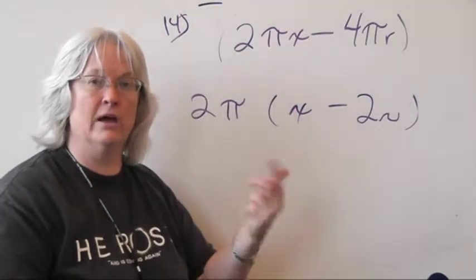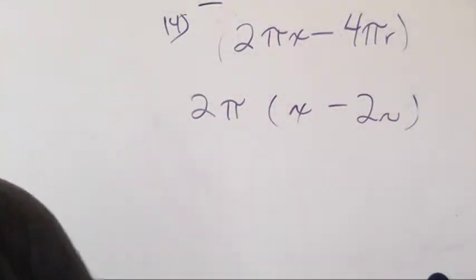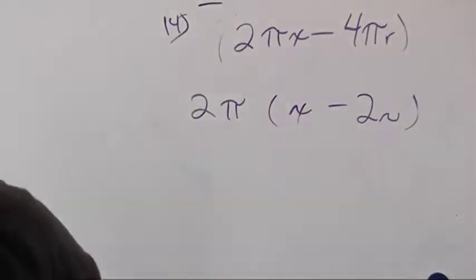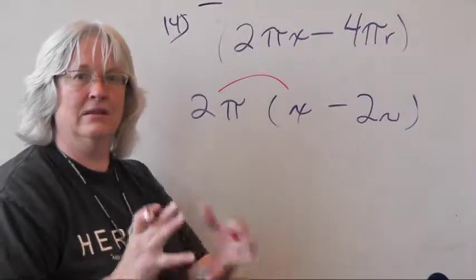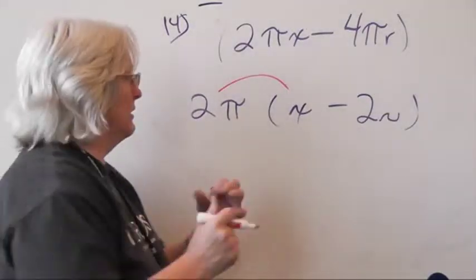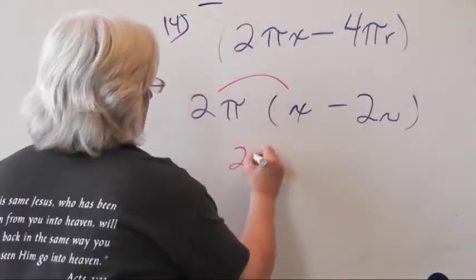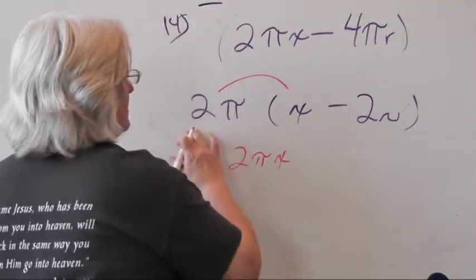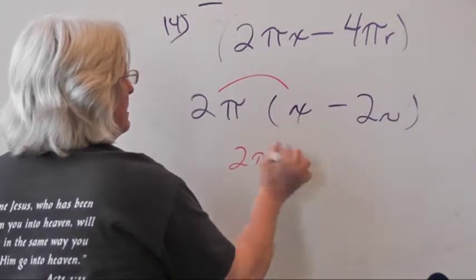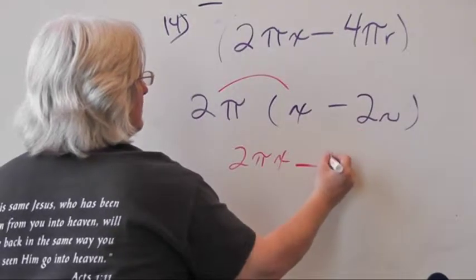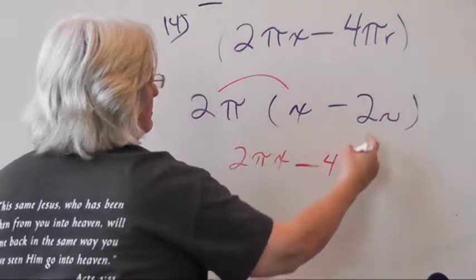And let's just go ahead and multiply this back to demonstrate to you. 2 times pi times x. And there's nothing there that goes together. So it's 2 pi x. 2 pi times a negative 2r. It's a minus. 2 times 2 is 4. Pi and r.